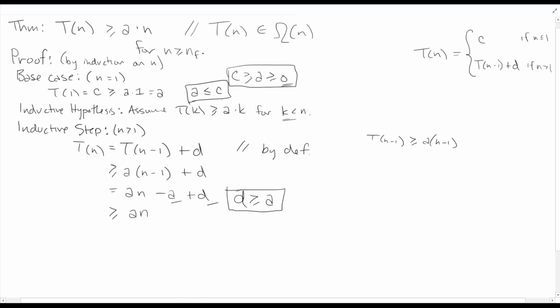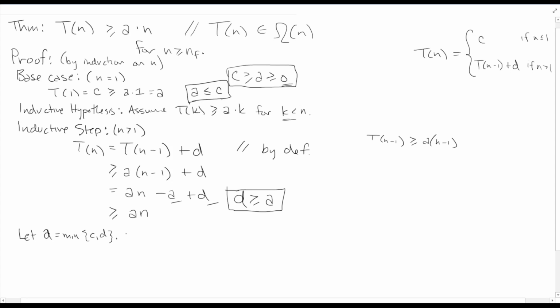Adding that to our condition above, we need A to be less than or equal to C. Here I've got it backwards, but A needs to be less than or equal to D. So putting that together, let's check. Let our A be equal to the minimum of C or D. That way it satisfies both our conditions here.